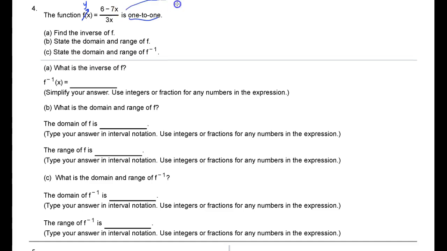Now I'll go ahead and erase this and we'll make that happen. So here we're going to say let x equal (6 minus 7y) over 3y. And now from there, what we need to do is just solve for y, and when we solve for y, that will be our inverse function. I'll divide this by 1 and cross multiply to make this simple.